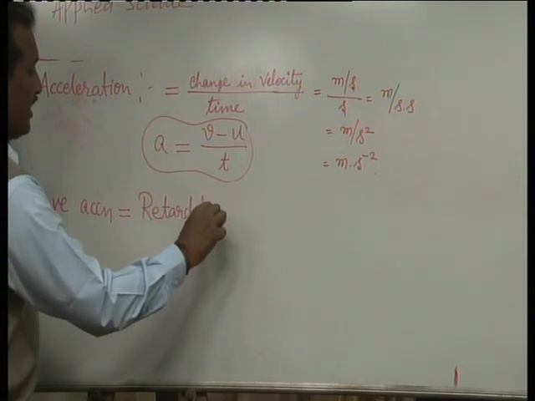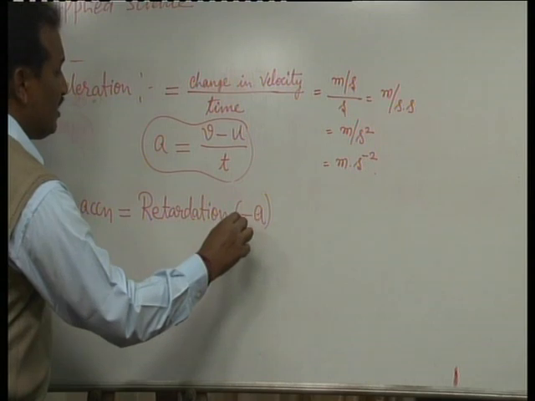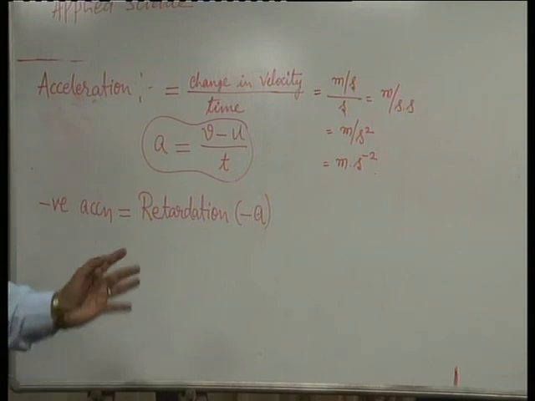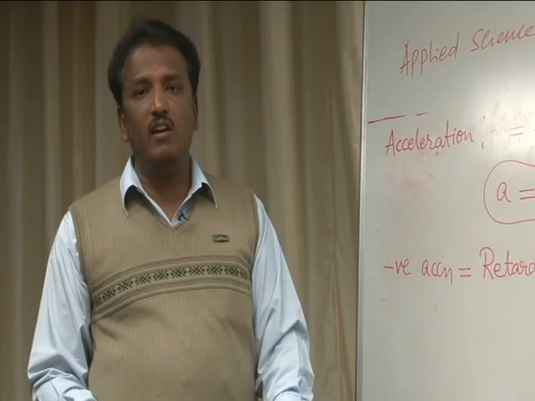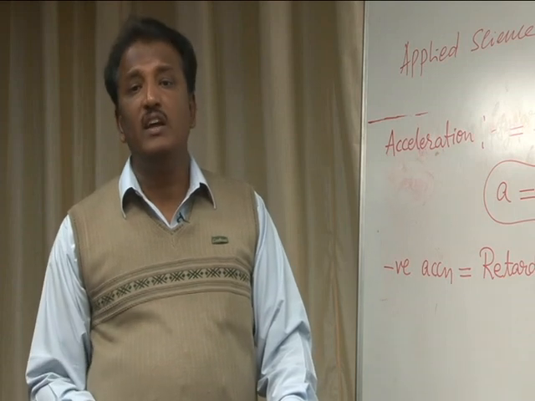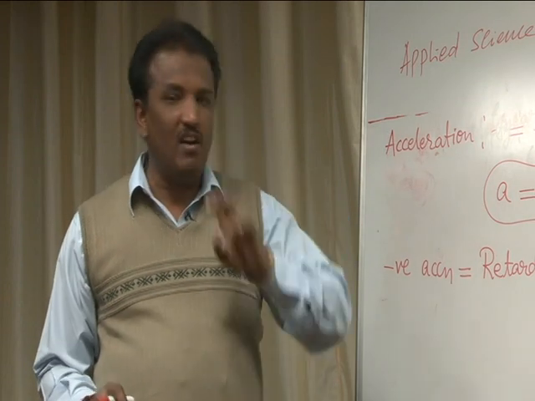It is abbreviated by the symbol minus a. A means acceleration, minus a means negative acceleration. In most examinations for 1 mark, you can watch this question: what is retardation, define retardation. In a single sentence you can say negative acceleration is called retardation.